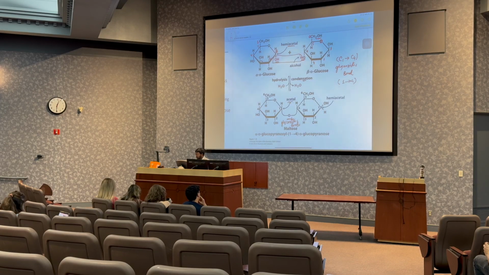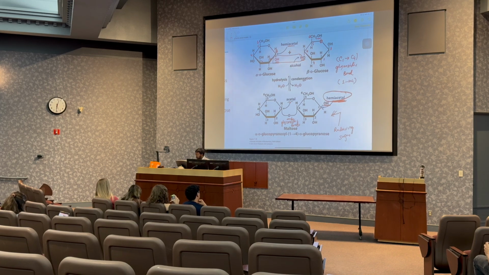If you see this structure, this is again a hemiacetal structure, which means it has an OH group that can be replaced, and that's why the sugar is a reducing sugar, because it has a hemiacetal after polymerization.